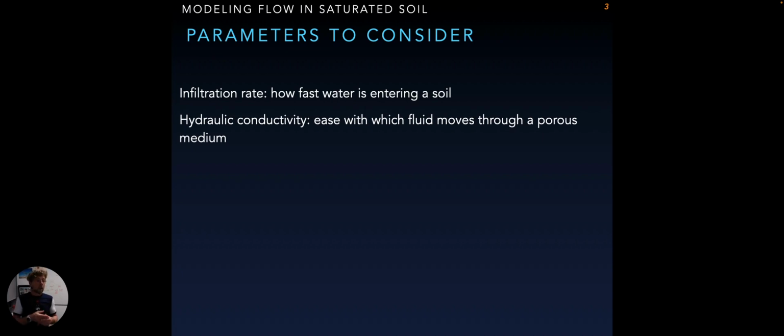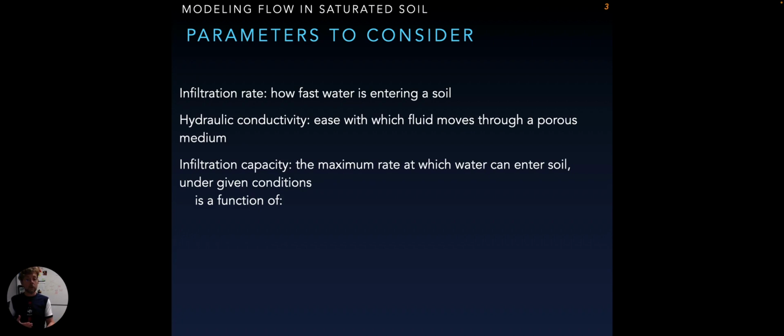Then we need to talk about what we call the infiltration capacity, which is the maximum rate. We talked about the infiltration rate, which is how fast the water goes from the surface into the beginning part of the soil. After that, the infiltration capacity looks at how the water spreads within the soil.